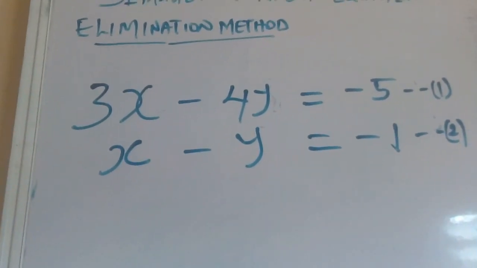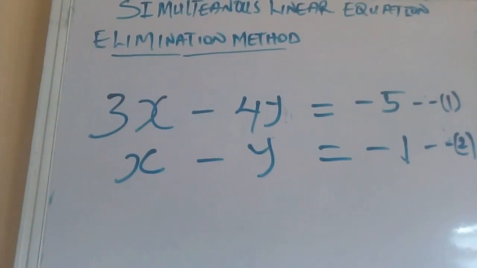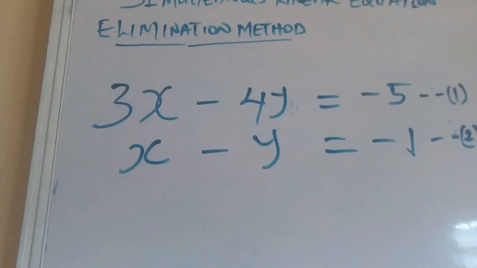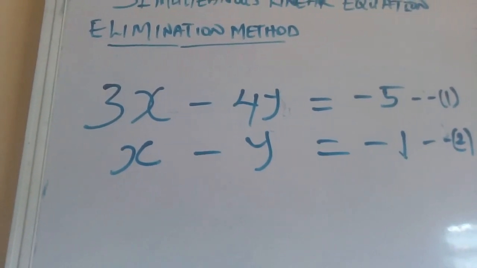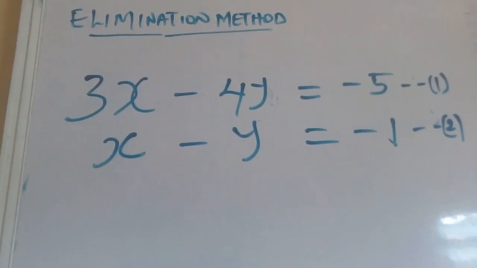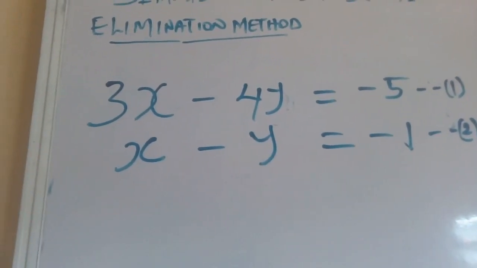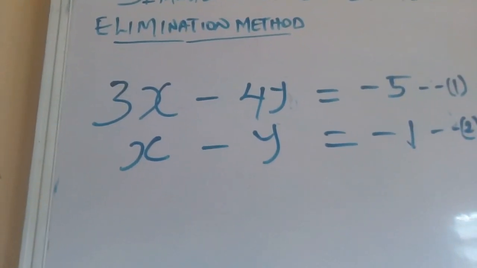Since we have two variables that we are interested in finding the values of, we have to select one of the variables and eliminate it. You have to decide which one you want to eliminate first. In this case, I'm going to eliminate x first.